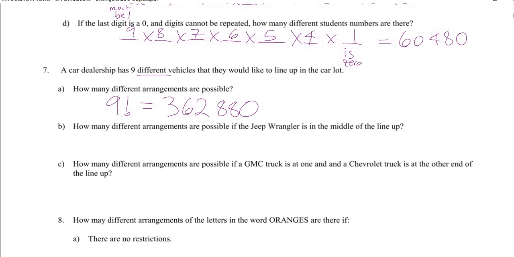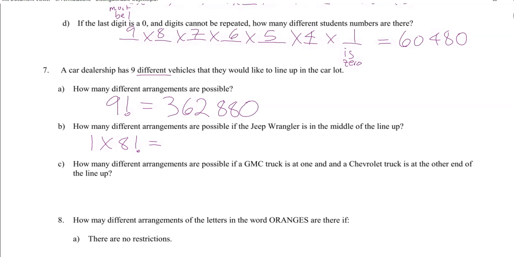How many different arrangements are possible if the Jeep Wrangler is in the middle of the lineup? Now, you could do 9 blanks, right? And you're going to put the Jeep first in the middle. You're going to put a 1 in the middle. And then you're going to go 8, 7, 6, 5, 4, 3, 2, 1.